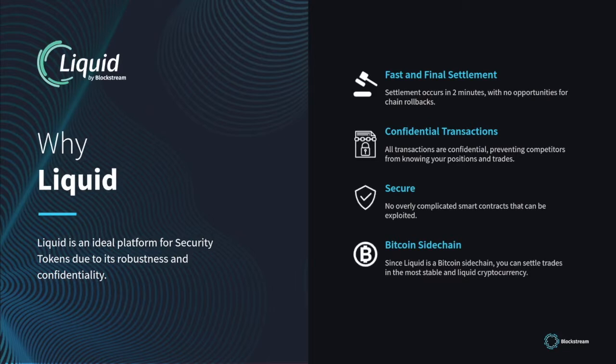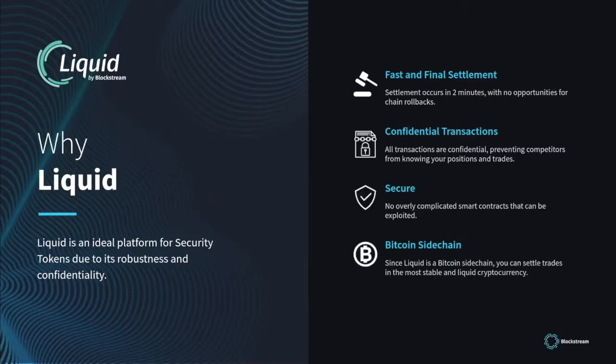I'm sure many of you have heard of the Liquid network, Blockstream's Bitcoin sidechain. There are many features of Liquid that make it an attractive proposition to users, including fast and final settlement, confidential transactions, user-issued assets, and atomic swaps. Liquid is built using Blockstream's open source Elements project and is managed by a growing federation of members from around the world.